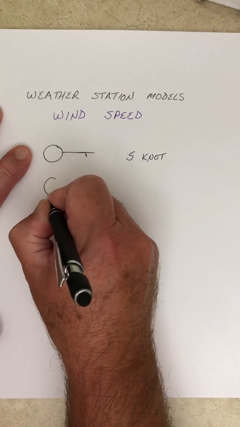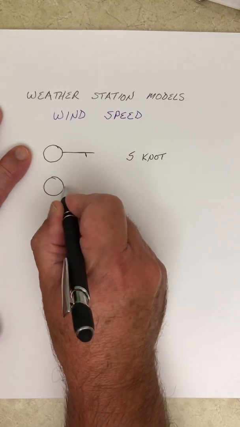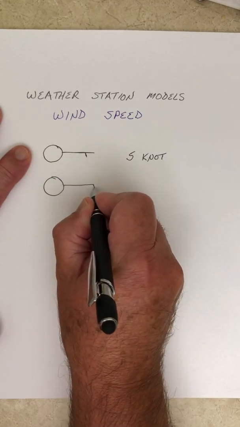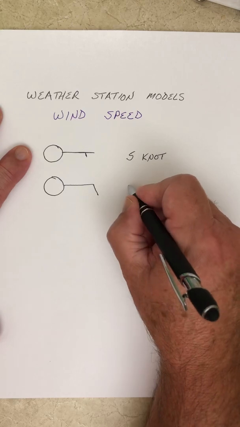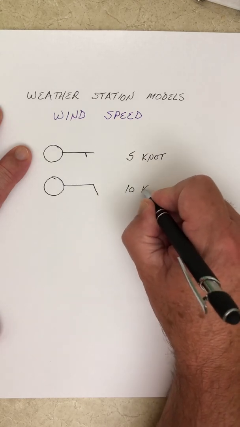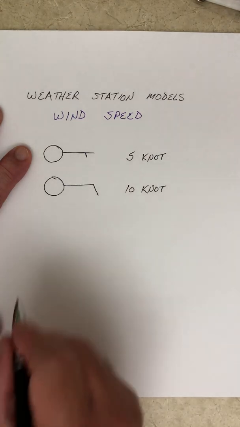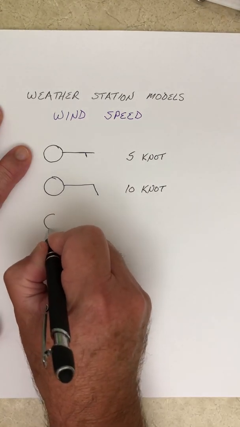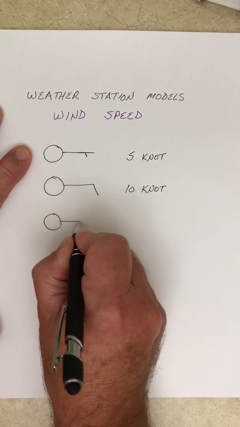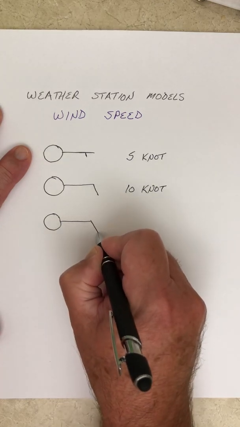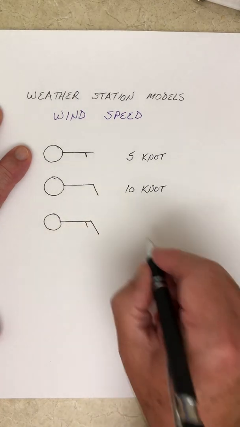All right, so if we have a 10-knot wind, that would be represented by a long flag at the end of the flagpole in this particular case. If we have a 15-knot wind, it would be a combination of a long flag and a short flag.